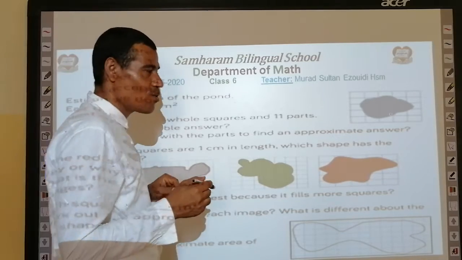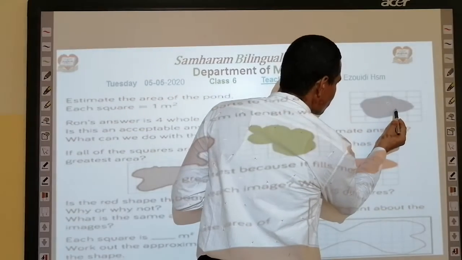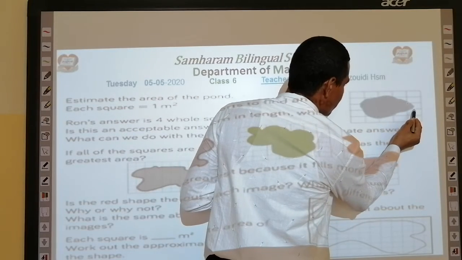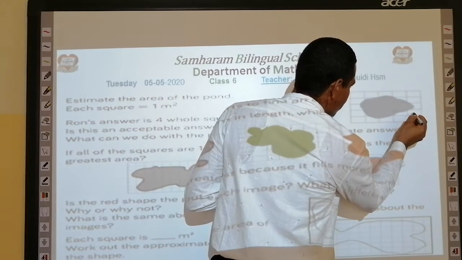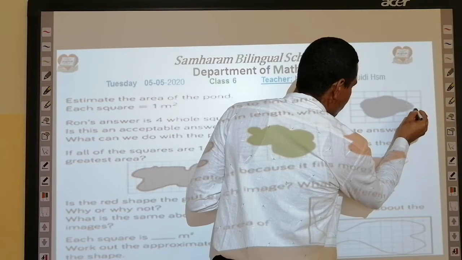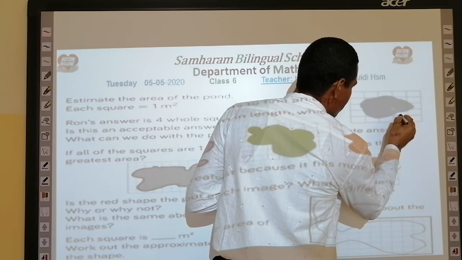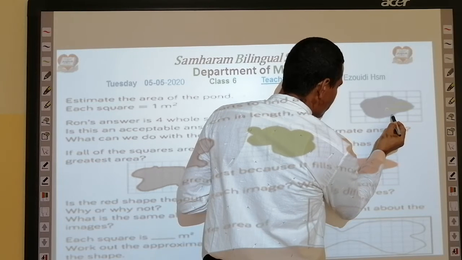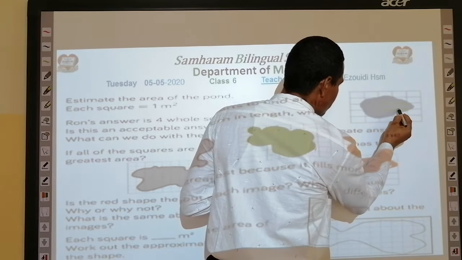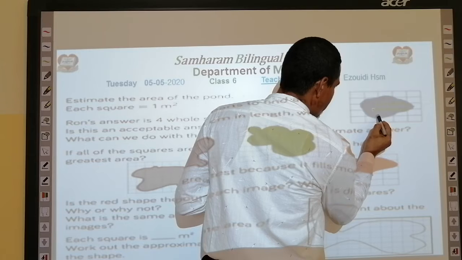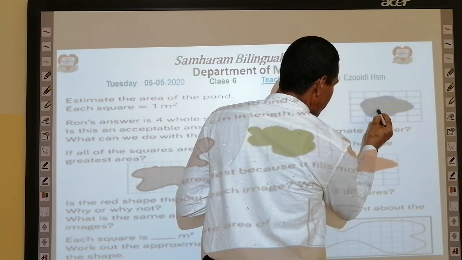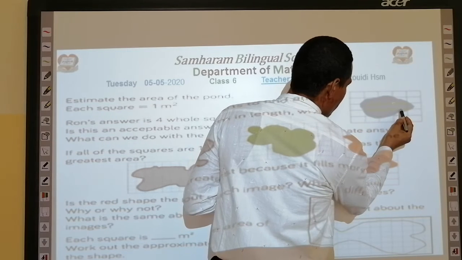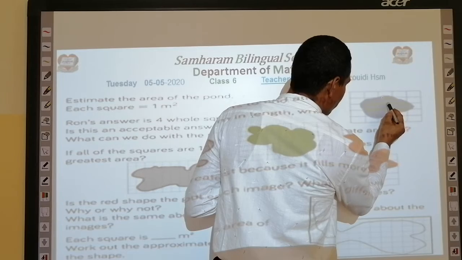Let's first count the squares. This is square number 1. Square number 2. Square number 3, and square number 4.